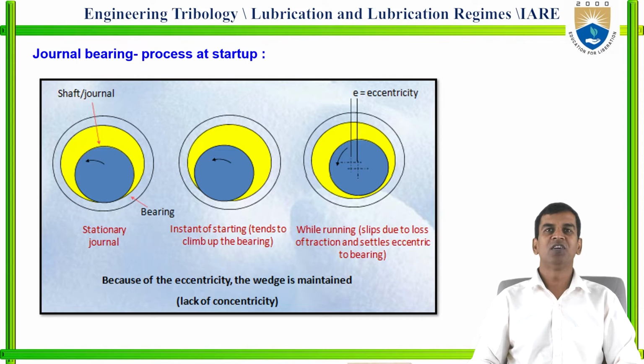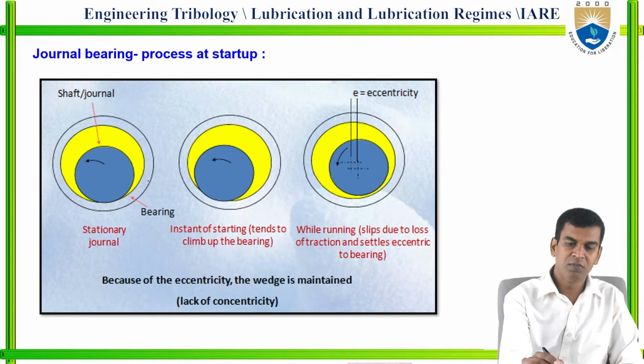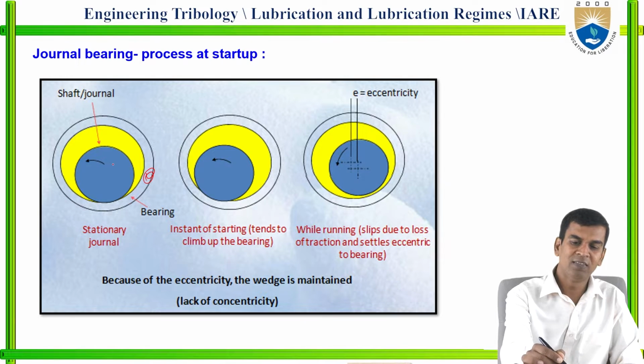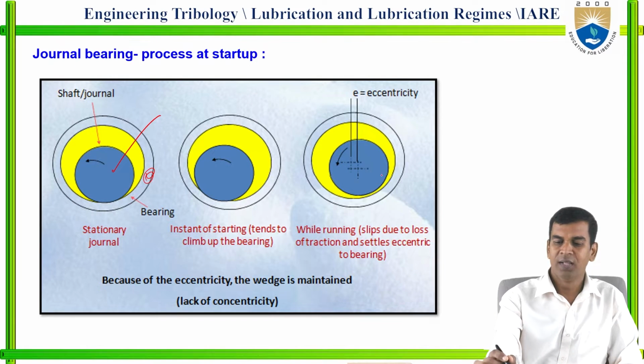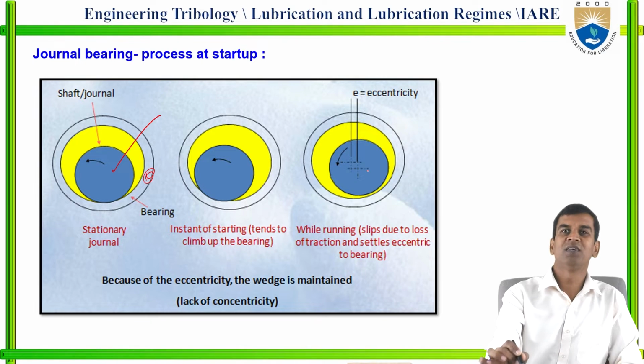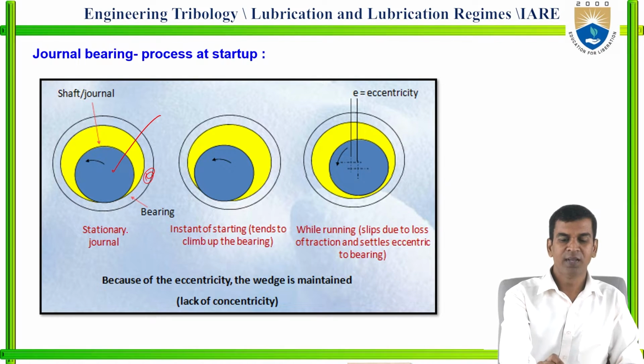Now you can see the journal bearing process at startup. Okay, for the shaft or journal bearing you have three figures. This one is called the bearing, and this one is called the journal, and the eccentricity is the distance between the centers.